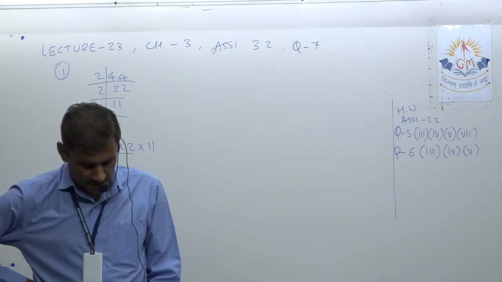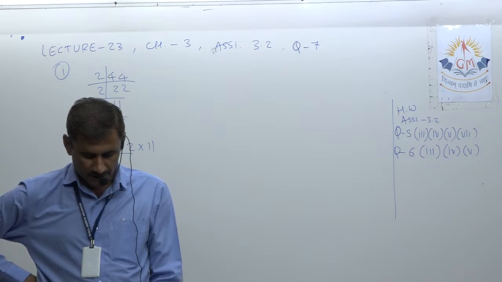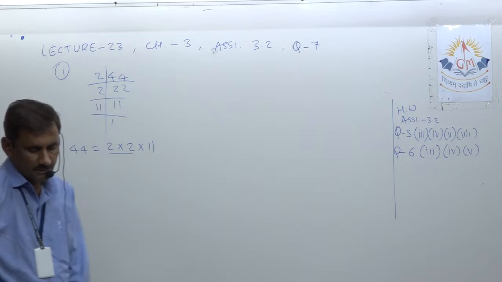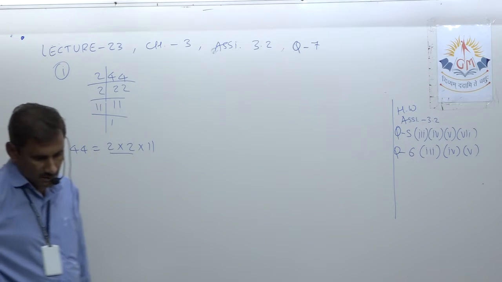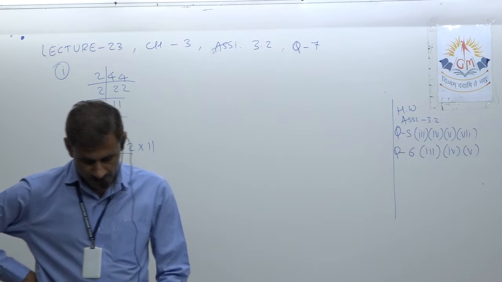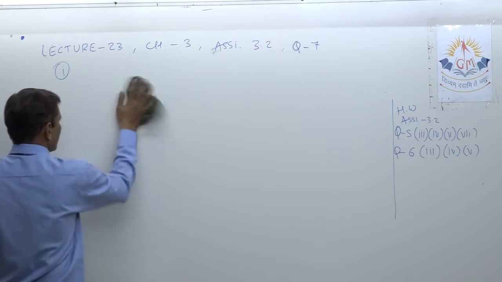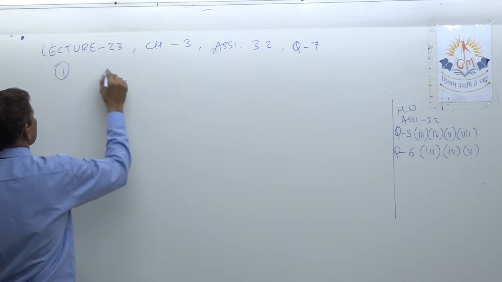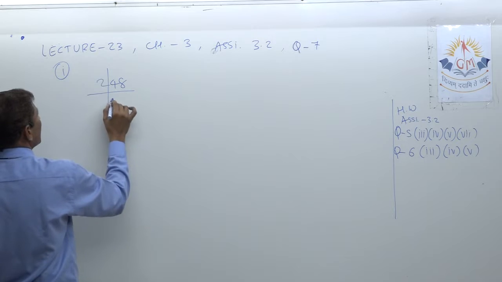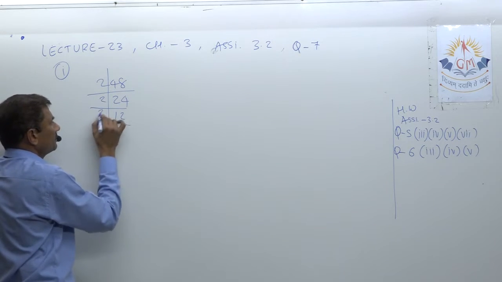So they ask us the smallest number by which each of the following numbers must be multiplied so that the product becomes a perfect square. Sorry, it is 48, no? 48 is the first one. So divide by 2, 24. Again by 2, 12. Again by 2, 6.